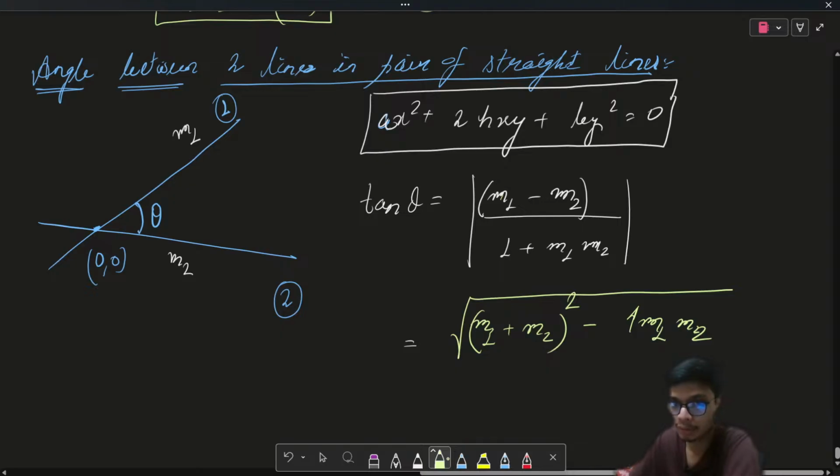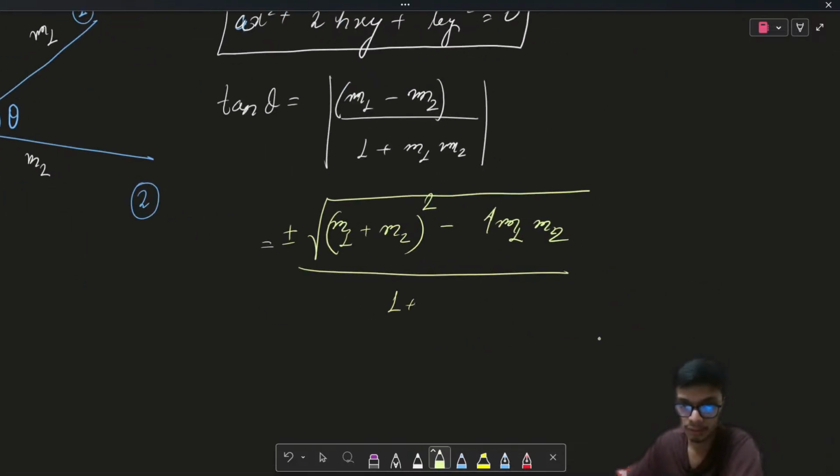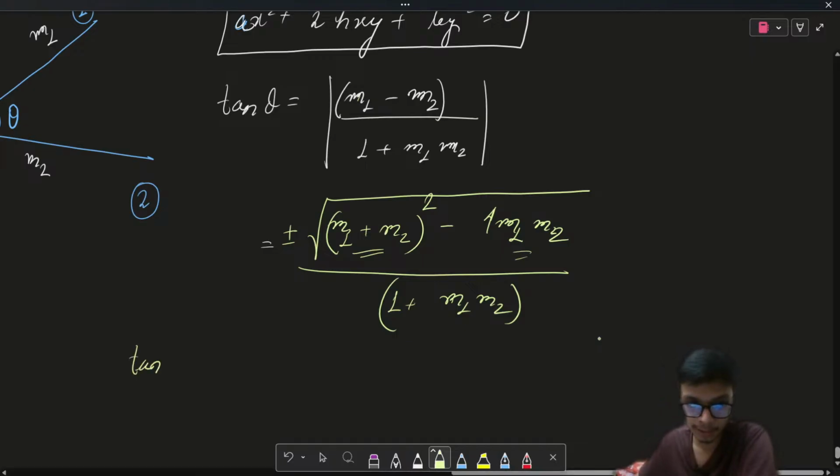Now, in order to remove this mod over here, I will put a plus or minus, and the whole thing divided by the expression 1 plus m1 m2, right? Now, we already know the values of m1 plus m2 and m1 m2. So if I just put them back over here, I'm easily going to obtain the result for tan of theta.